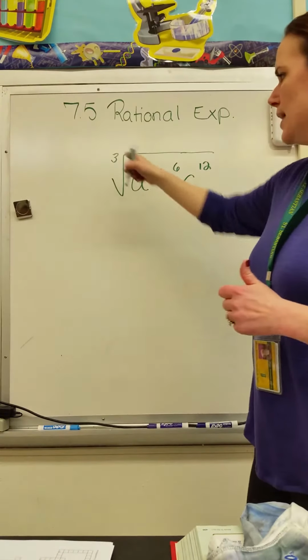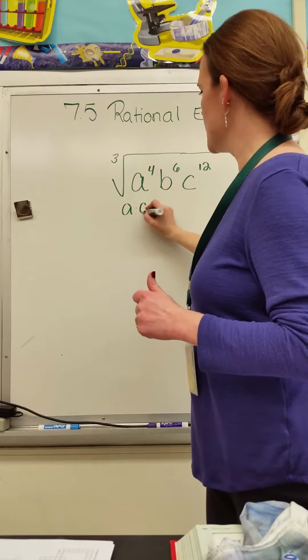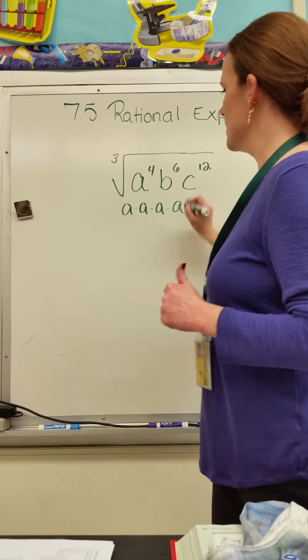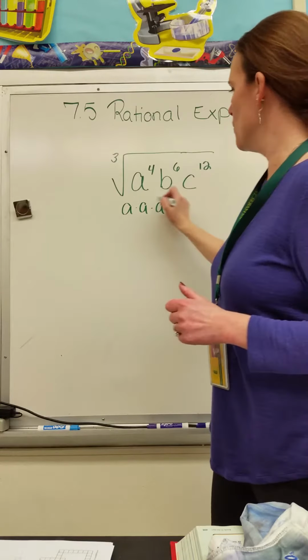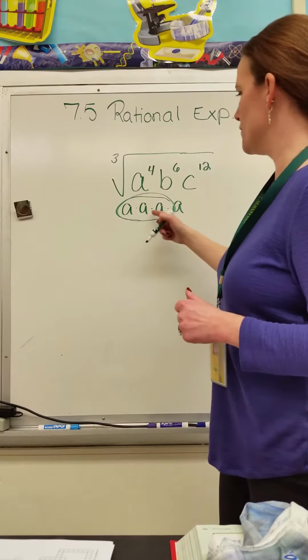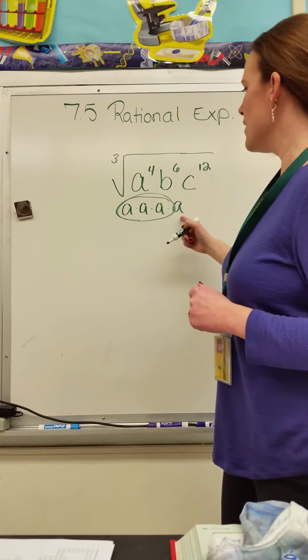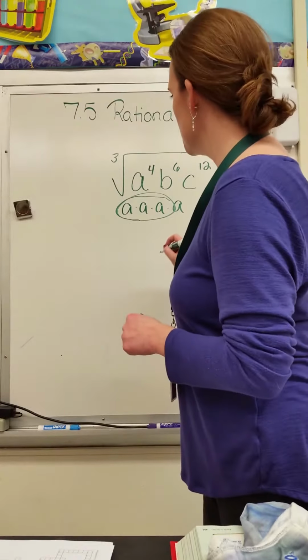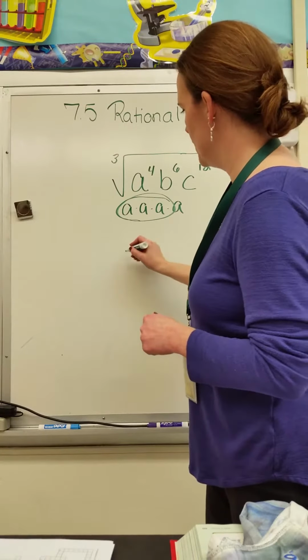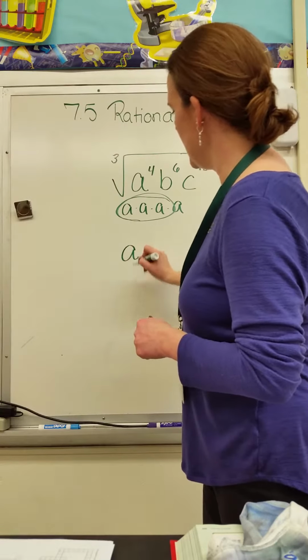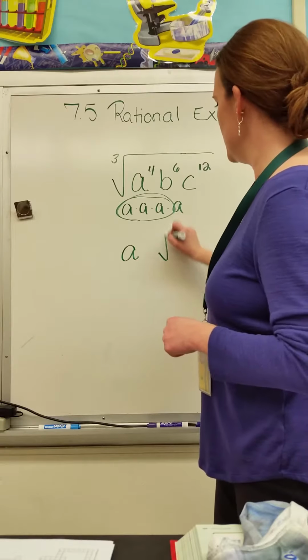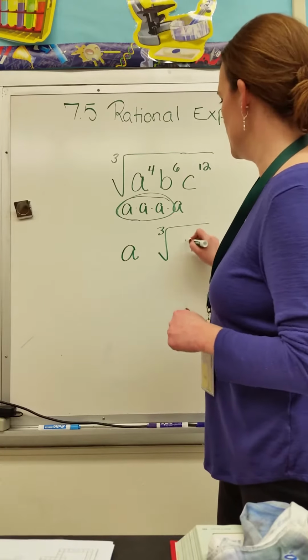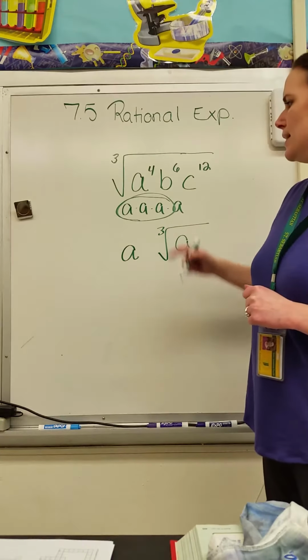Well, a to the 4 is a times a times a times a. So you have one group of 3, but you would have 1 a left in. So you're going to have a, but inside this cube root, you would still have 1 a.